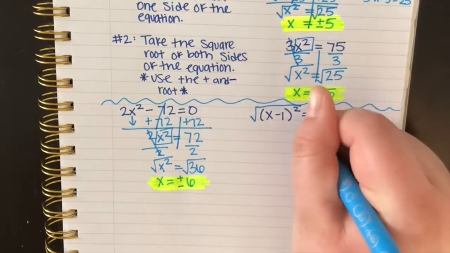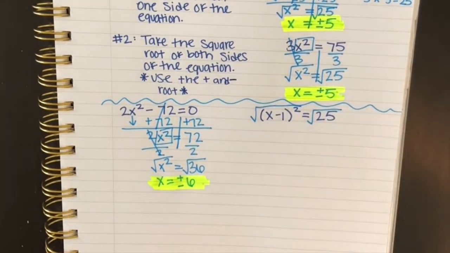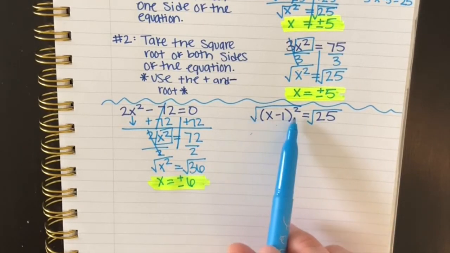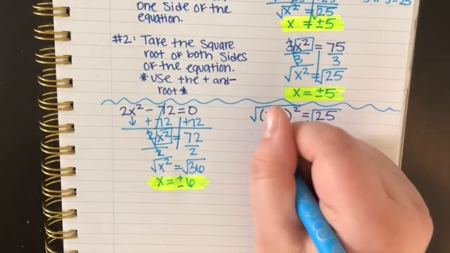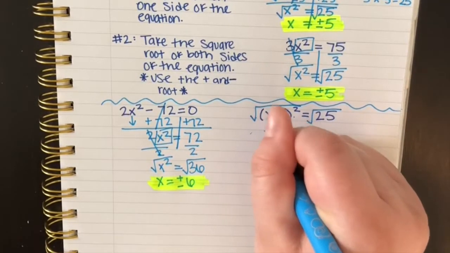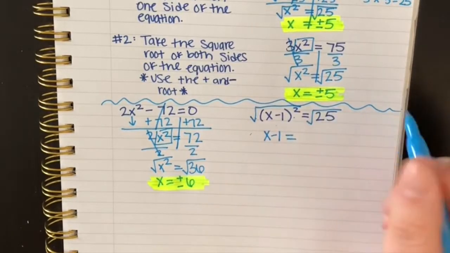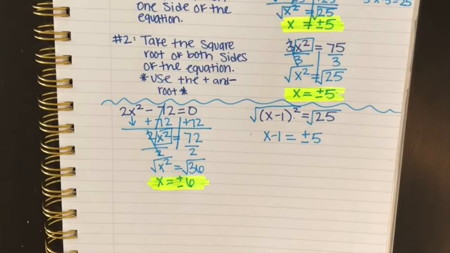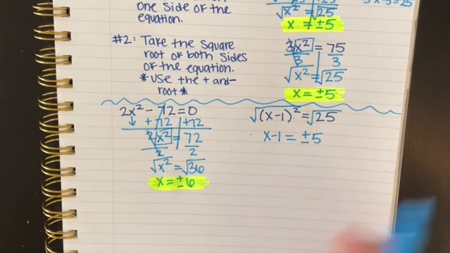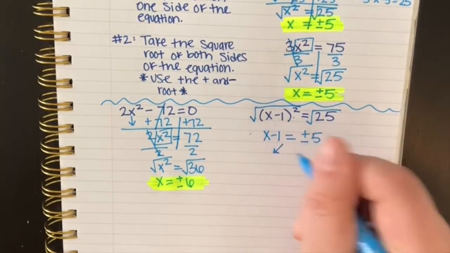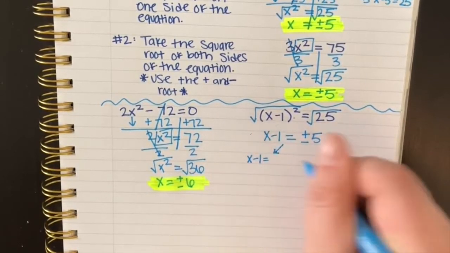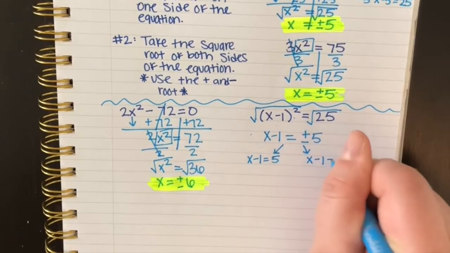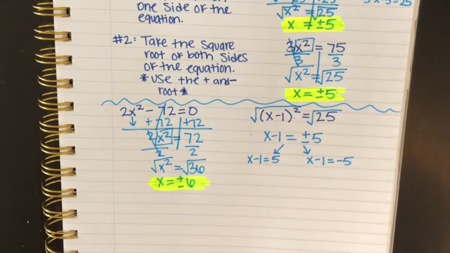So we take the square root of both sides. X minus 1 squared. The square root of a square is just what's underneath it. So x minus 1 equals, the square root of 25 we said was positive and negative 5. That means we're not quite done here yet because I still have x minus 1. So I'm going to split this up into two equations. X minus 1 equals 5 and x minus 1 equals negative 5.